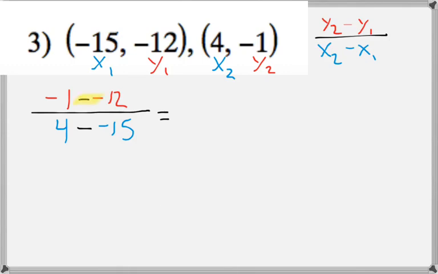A minus a negative right here becomes plus, so -1 plus 12 becomes 11. And again, we have a minus a negative here, which becomes a plus. 4 plus 15 gives us a 19. So we have the slope of our line here.